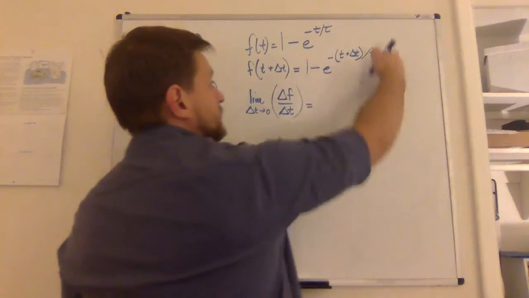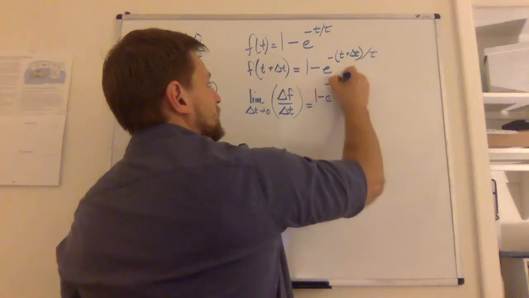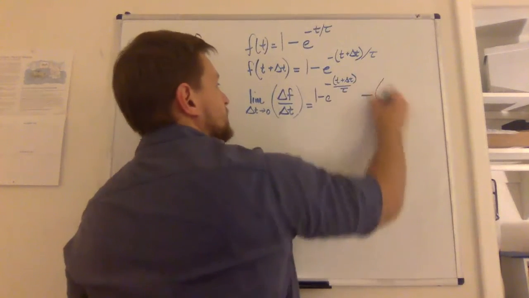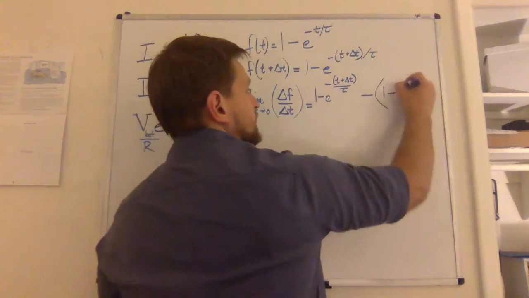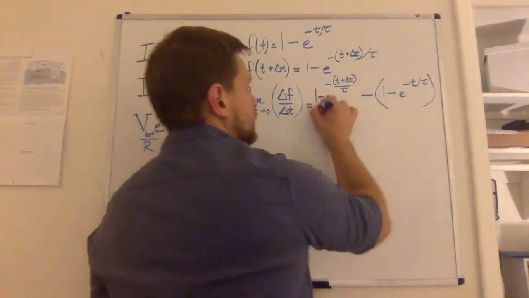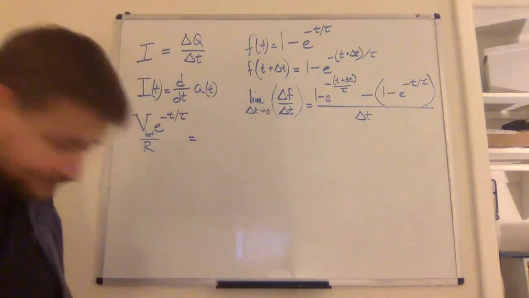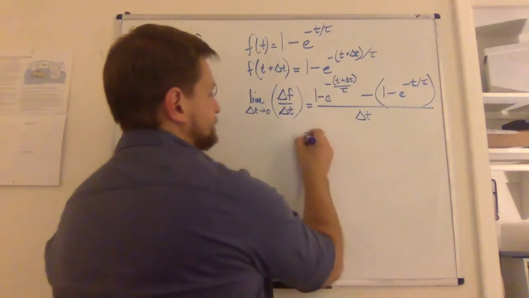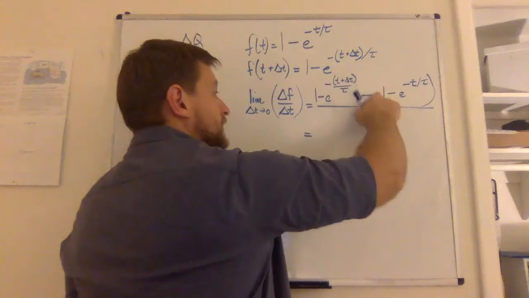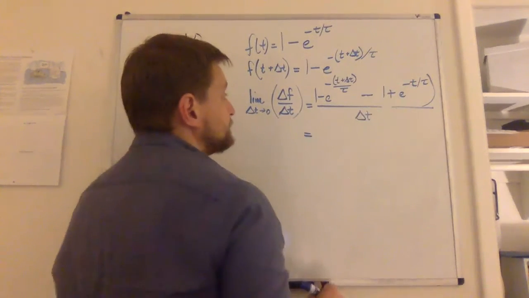So it's 1 minus e to the negative t plus delta t over tau, minus the old value, 1 minus e to the negative t over tau. And we divide all of that by delta t. All right. Distribute the minus sign. We get minus 1 plus e to the stuff.